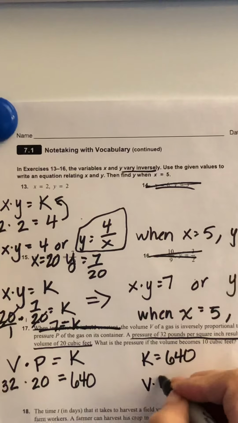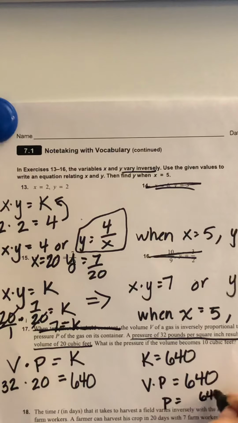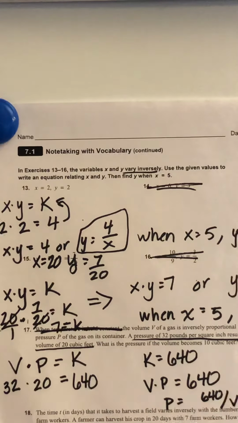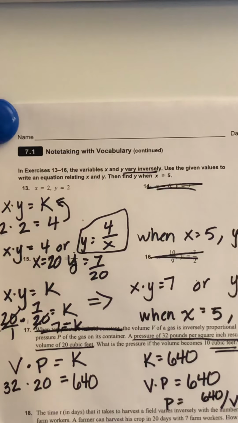Our equation is V times P equals 640, or P equals 640 over V. What is the pressure if the volume is 10 cubic feet? Now I can plug 10 in here and get 64, and our units here are pounds per square inch.